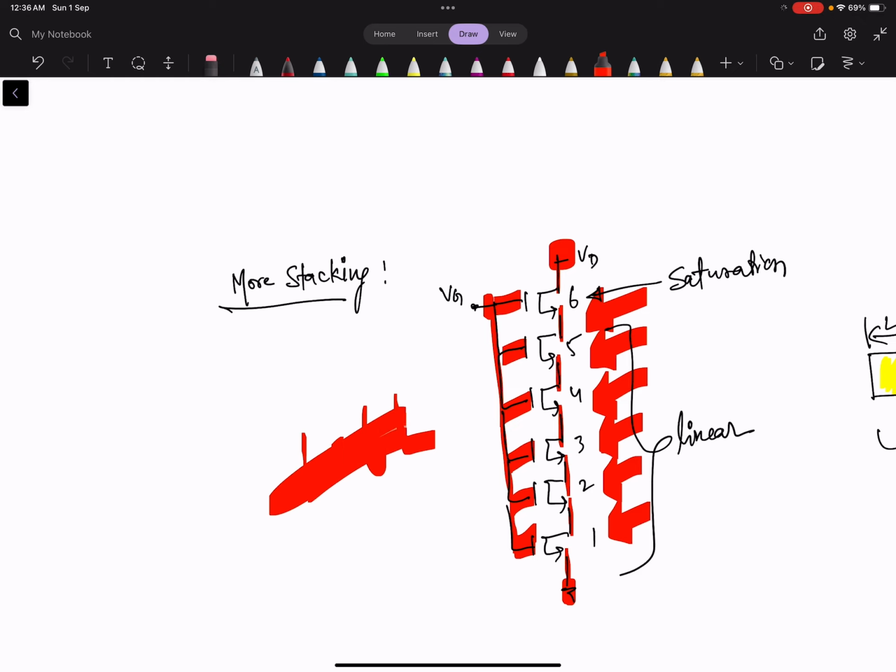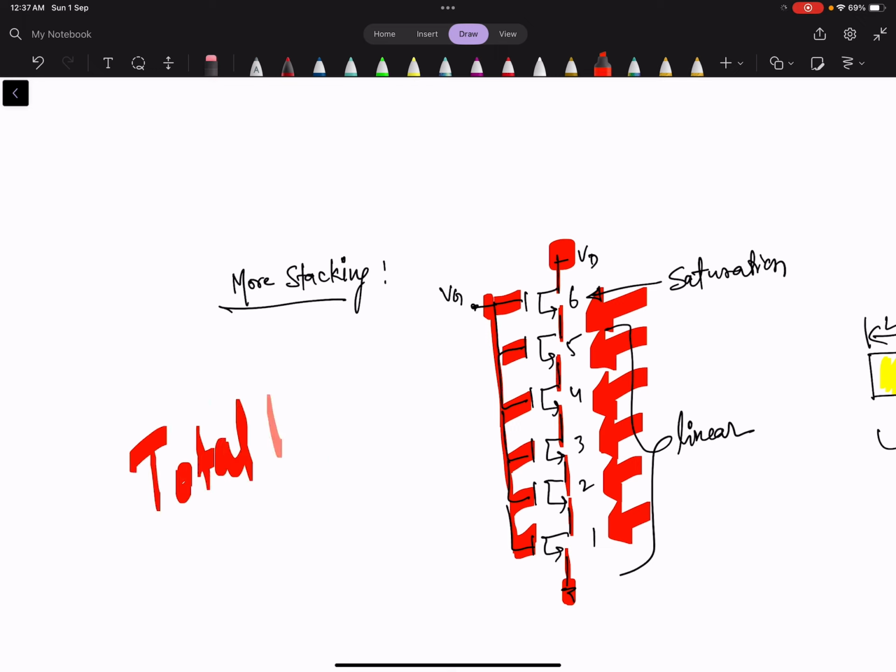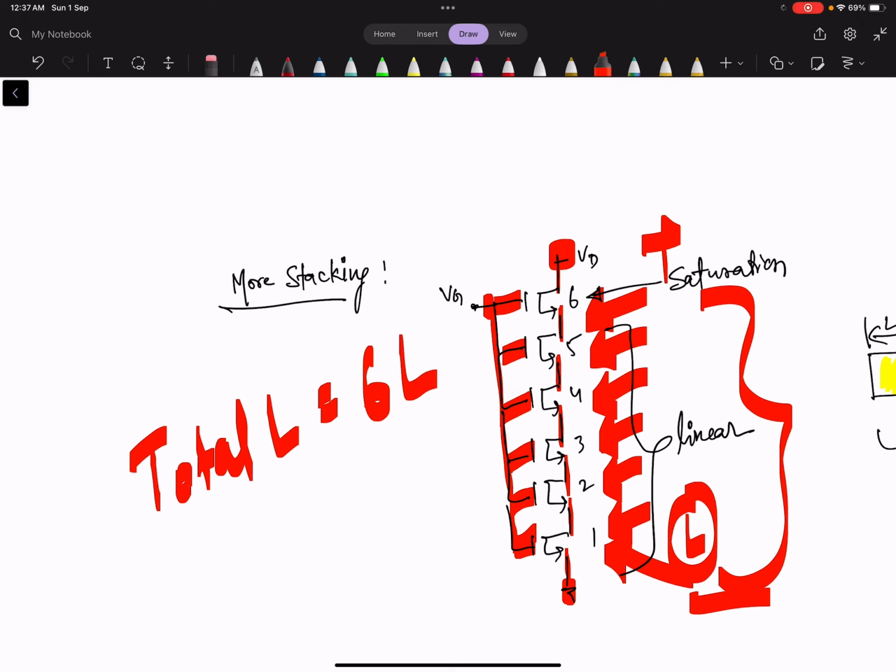So what does it mean? Total L will be equal to 6 times of L. Let's say each length of the MOSFET is L, then total L from here to here will be 6 times of L. Now we want to know which one will be in saturation and which one will be in linear.